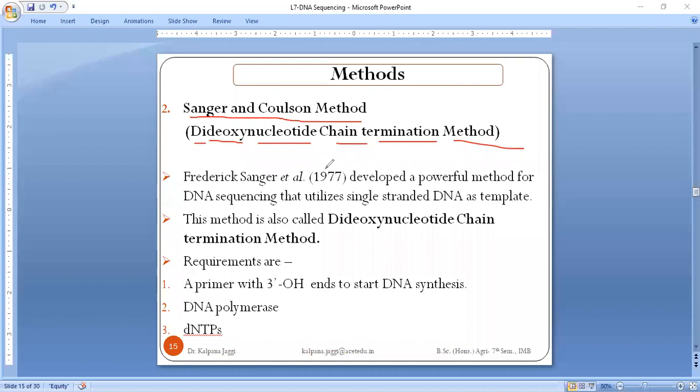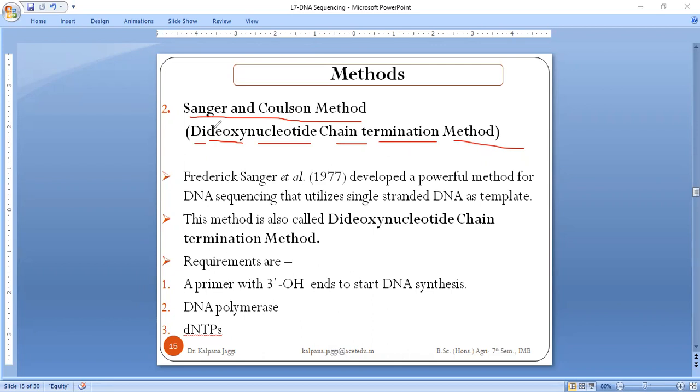With the help of chemical degradation, we could not achieve much success. Then that methodology was further modified, and in place of it another methodology was utilized, that is the Sanger and Coulson method, right?